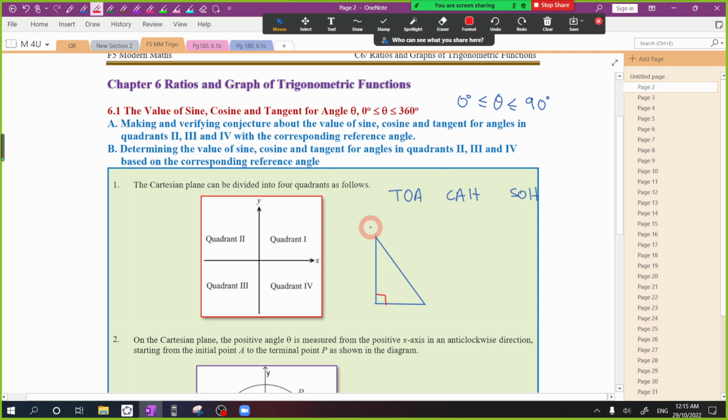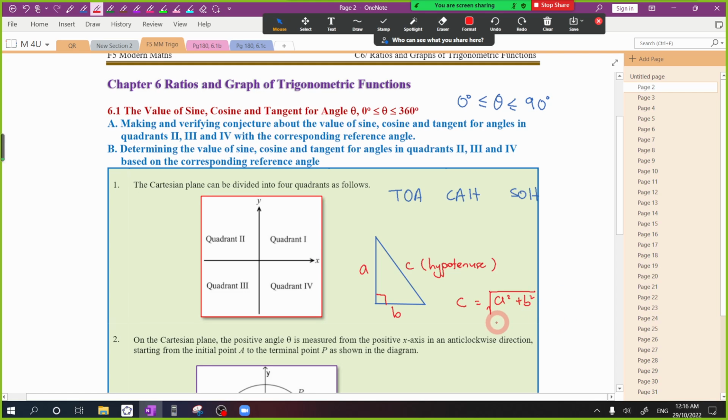Okay, let me do a quick revision about Pythagorean theorem first. So if you have a right angle triangle, we have two shorter sides and one longer side, which we call hypotenuse. This is hypotenuse, which is c. Okay, so if you want to find the length for the longer side, we use plus. c is equal to square root of a squared plus b squared.